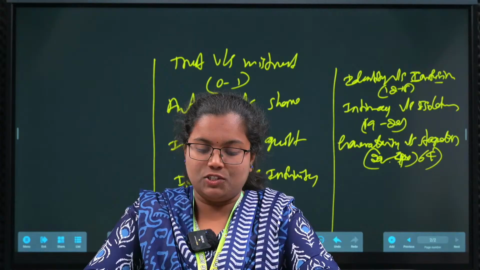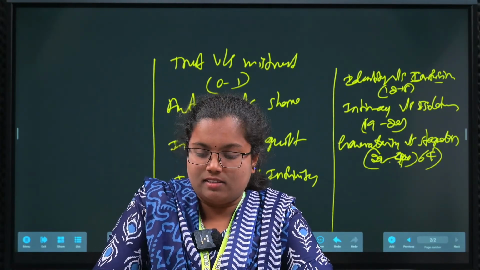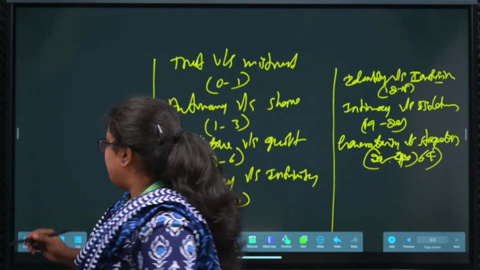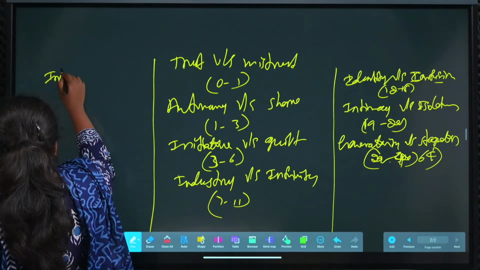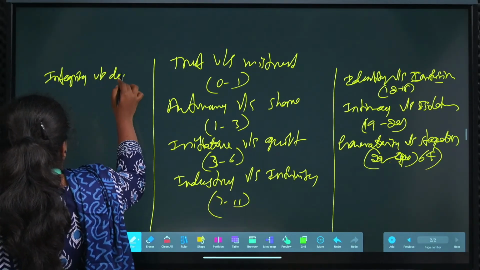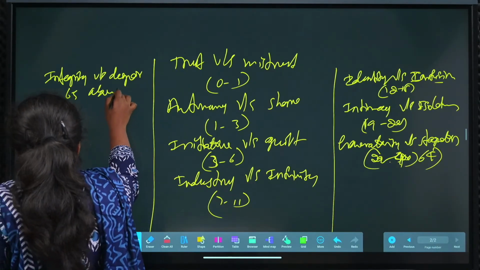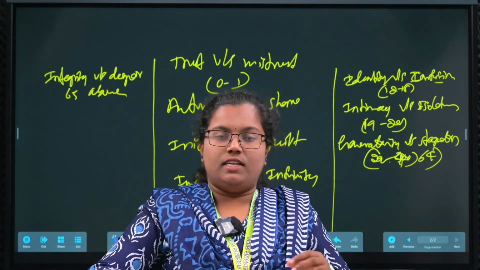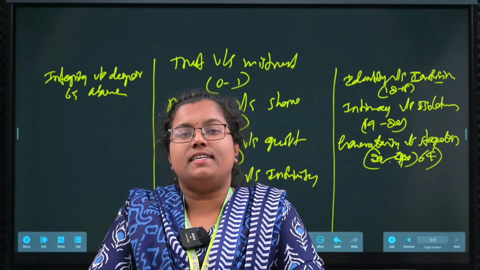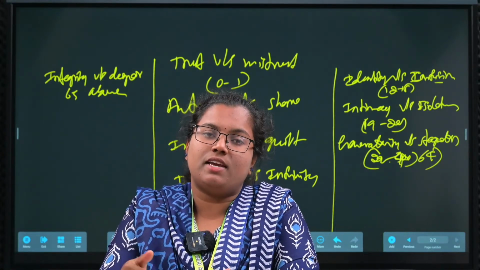And the next one is integrity versus despair, 65 and above. Integrity versus despair will start from 65 years and above.